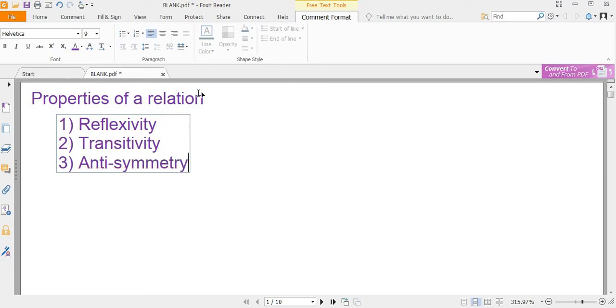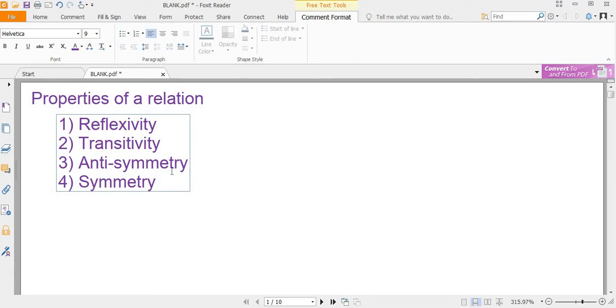The third property is the property of antisymmetry. The property of antisymmetry is a little bit difficult to explain in pictographic ways, so we will be discussing it when we talk about it in mathematical terms. Then we have something called the symmetry property.